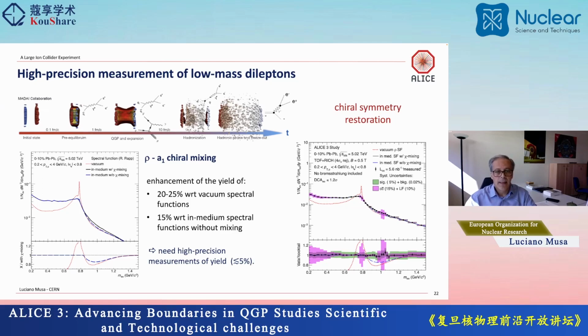And so our tracker is a full pixel detector, and will be by far the largest pixel detector ever built. Already ALICE has installed the largest pixel detector ever built.